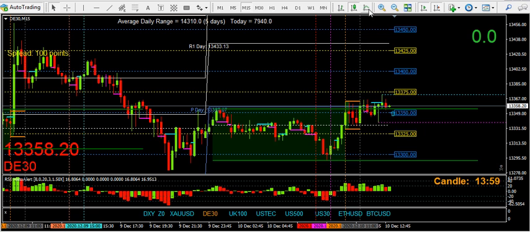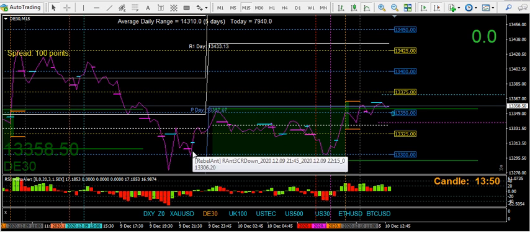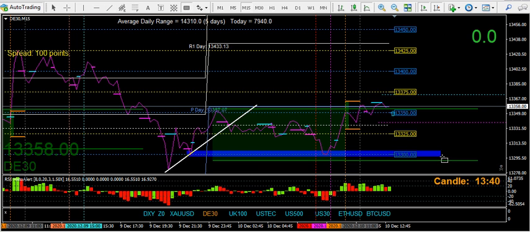That level's valid because that level was broken, so that's why you can draw an ascending trend line, and that's why you can treat this now as a valid support level. Alright, simple as that. That level is a valid resistance level, or let's look at this one that price has just been testing.